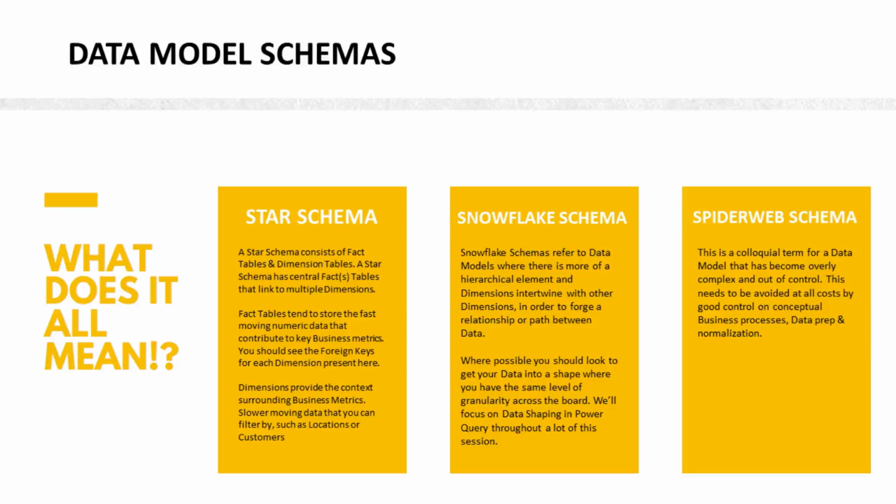So it becomes a lot more complex to follow, maybe harder to build relationships. We may have more issues with cardinality, so we need to be careful here. And where possible, we want to get into shape where we've got the same level of grain or granularity across the board. So we will look at data shaping in Power Query and look at things like how you may want to adjust grain or shape.